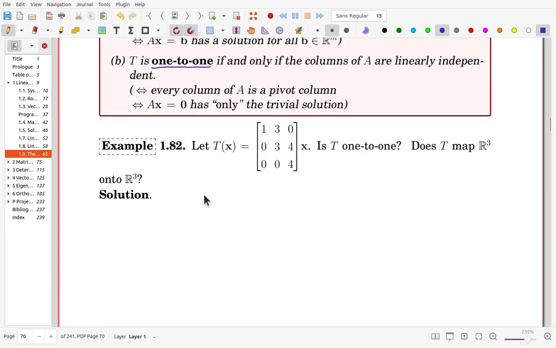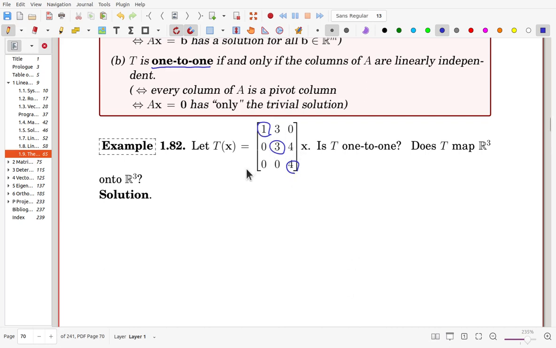Okay, let's see again this example. T of x is given here by matrix multiplication, and we want to see if it is one-to-one or onto. Again, we check pivot positions. This is a pivot, this is a pivot, in echelon form. Each row has a pivot, each column has a pivot.